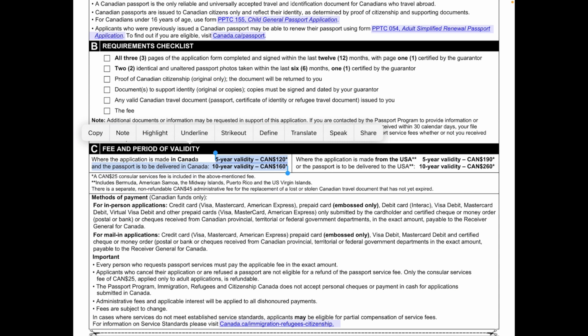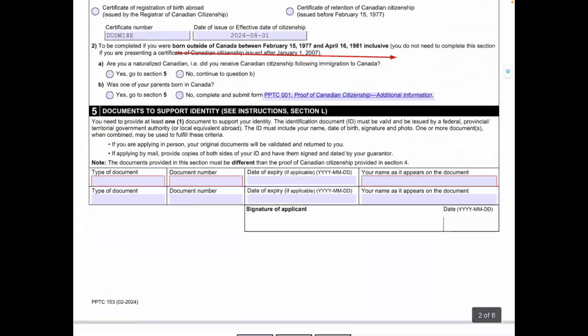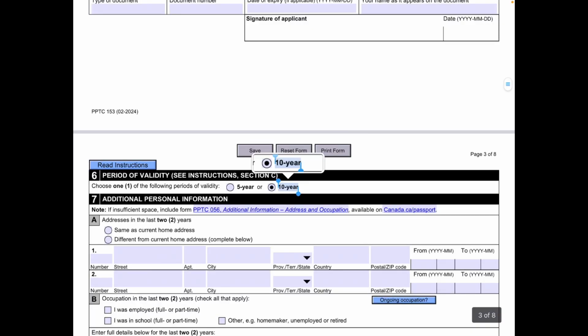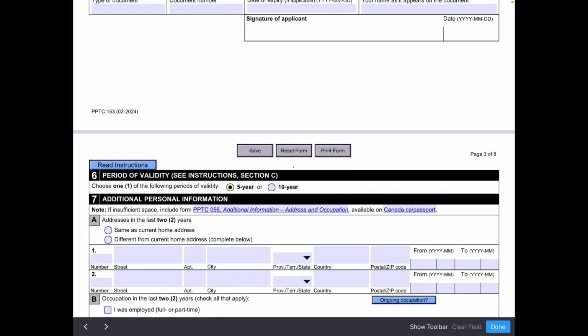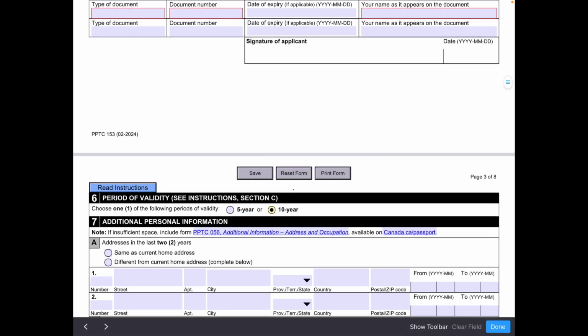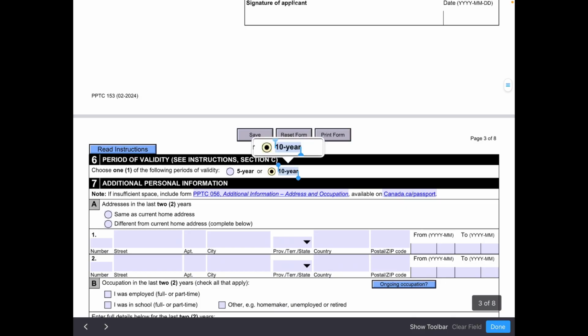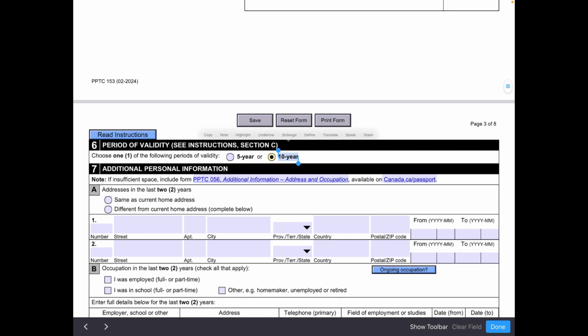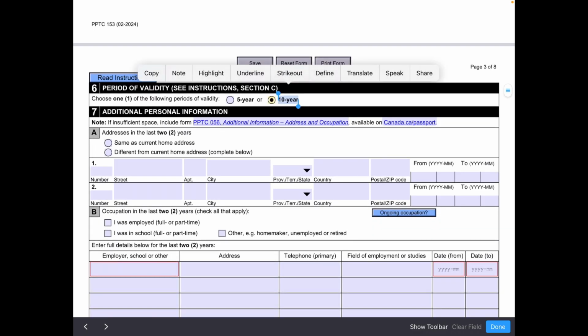If you have the money and money is not a problem for you at the time, go for the 10-year option. But if you don't have that money at the time, then you can just pick 5-year. But again, I believe the 10-year passport is a better option and more cost effective. So we're just gonna pick this option, 10-year.